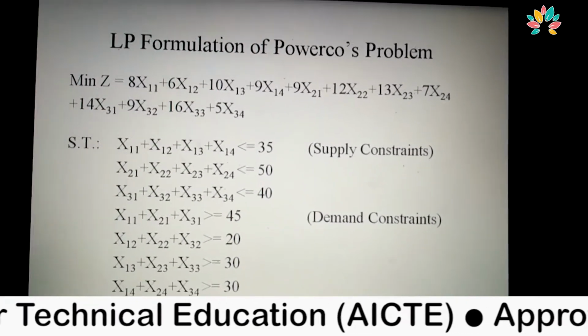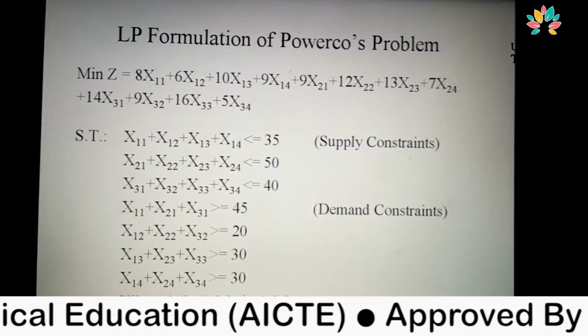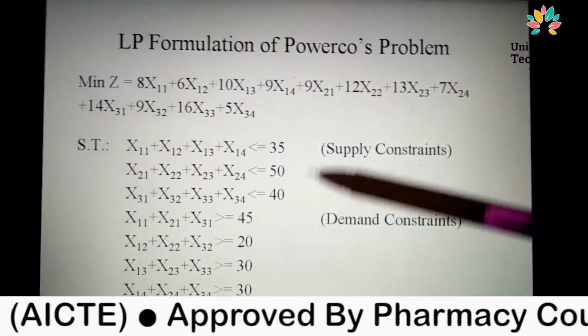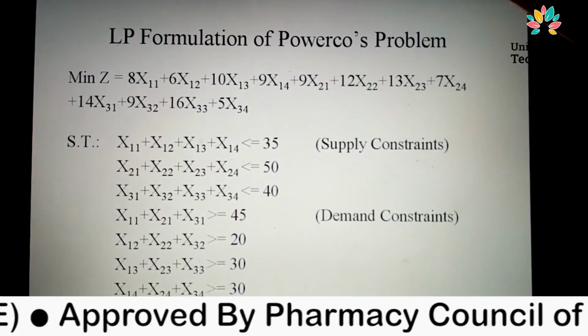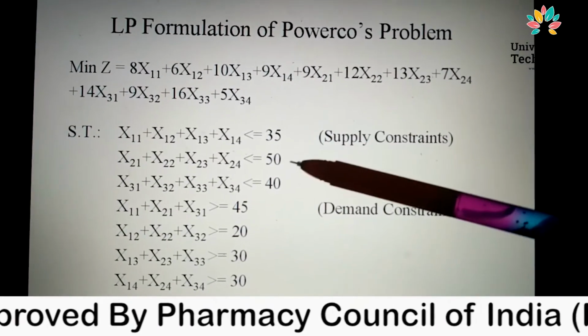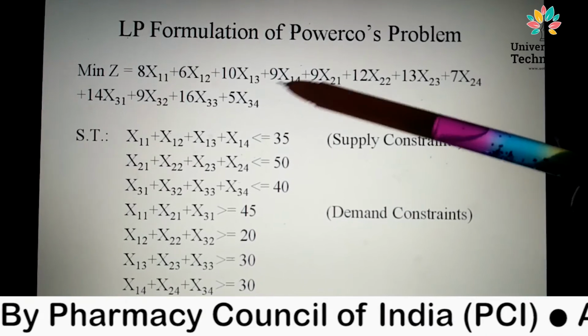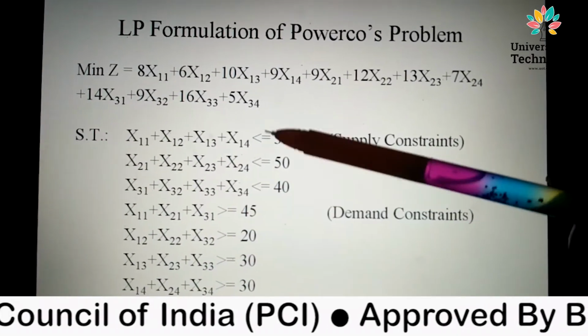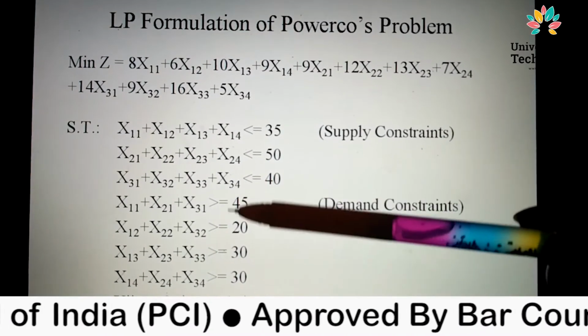In the LP formulation of the Power Co problem, you have to put all of the transportation formulas in this form. You have to divide the overall problem into two parts: one is the objective function and the other is the constraints. The constraints deal with the limits of the organization.